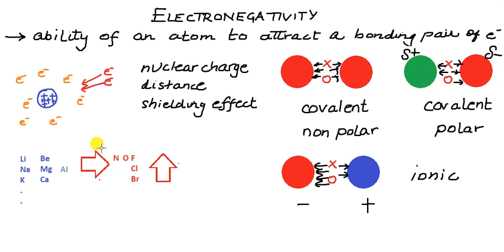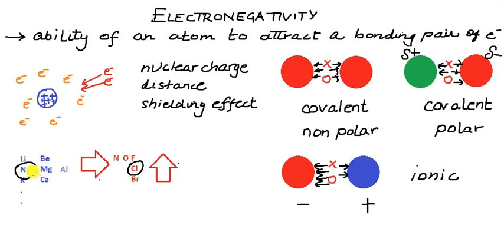So what happens in this particular case is that you have a very high electronegativity difference between elements that are on the left hand side of the periodic table and the ones that are on the right hand side.